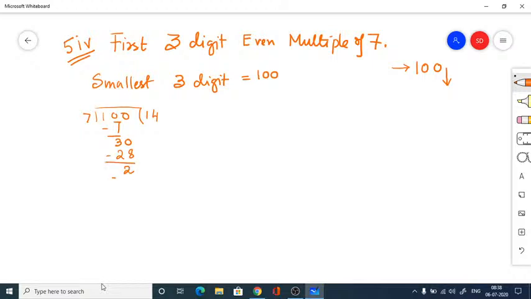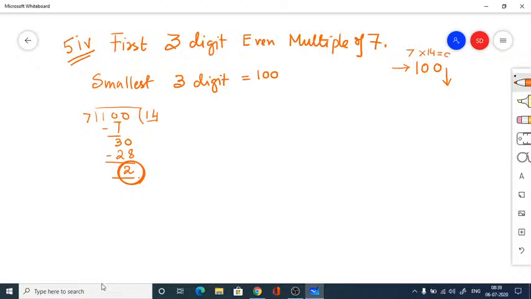Remainder is 2. So 14. Now what does this mean? This means that 7 into 14 is somewhere before 100, with 2 extra.